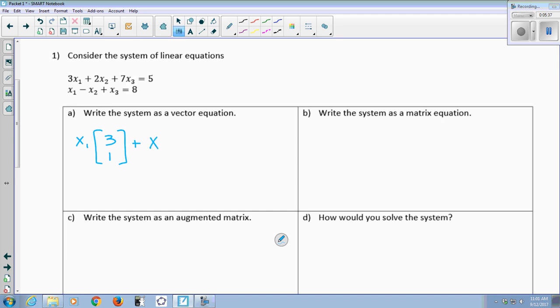Plus an x2, my unknown weight, with coefficients 2 and -1. And then my next unknown weight is x3. Its coefficients are 7 and 1. And that equals 5, 8.